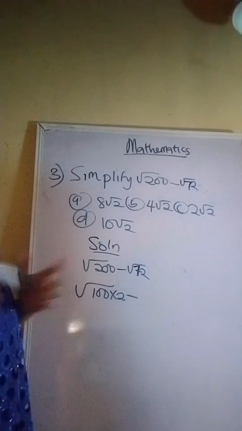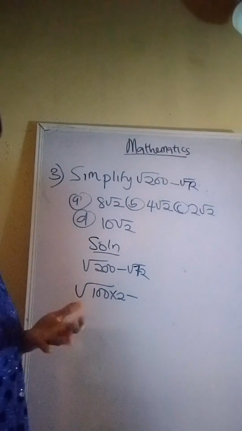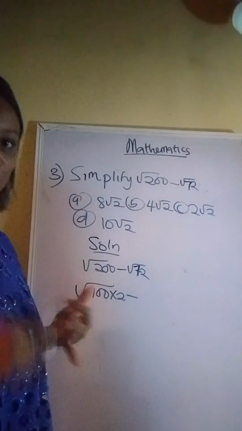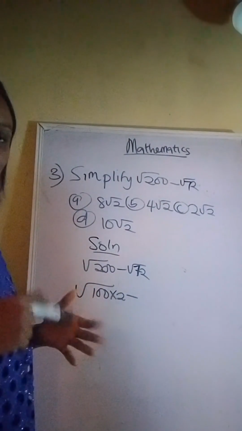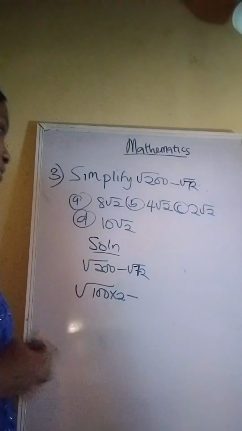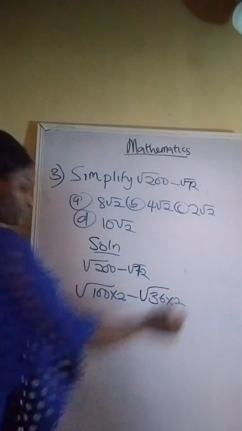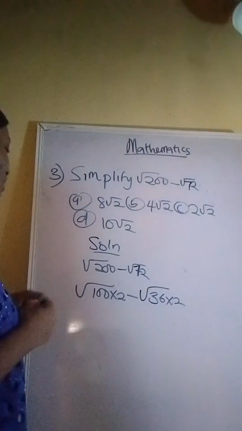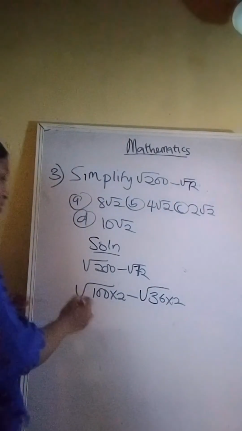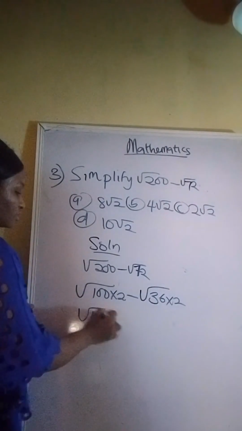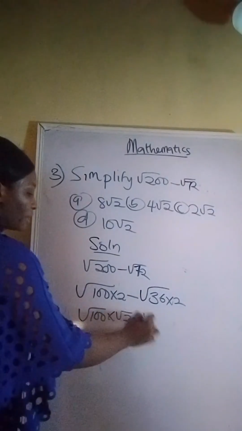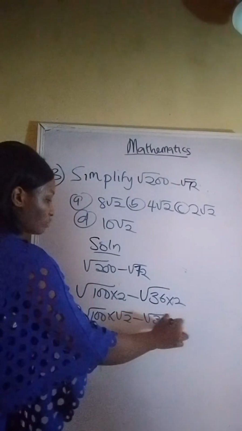You get it now? That is 36 and 2. 36 is a perfect square. When you get its square root, you have no remainder. So that is root 36 and root 2. Now let's separate it. We can say root 100 times root 2 minus root 36 times root 2.